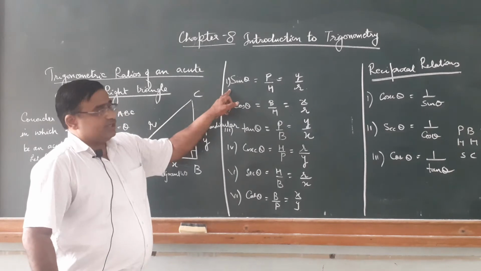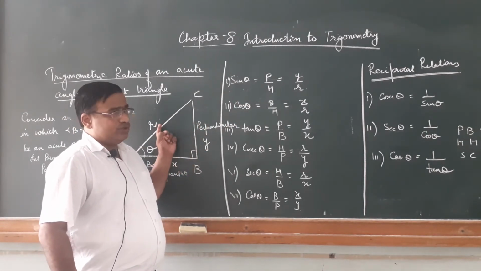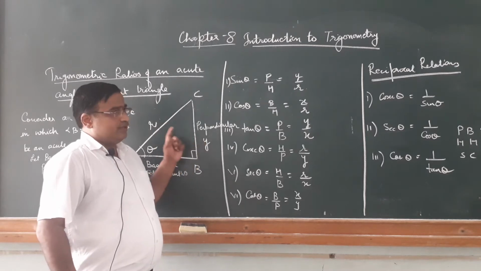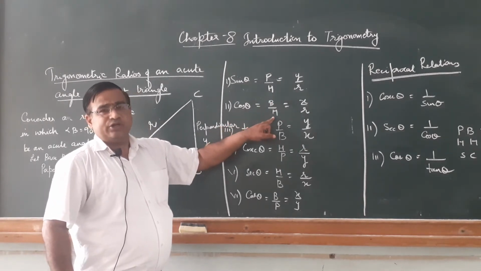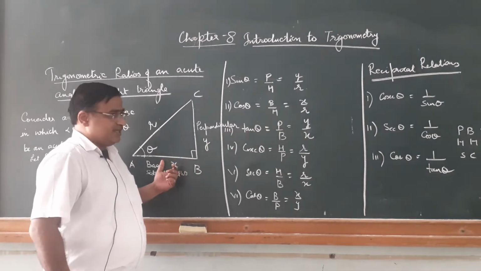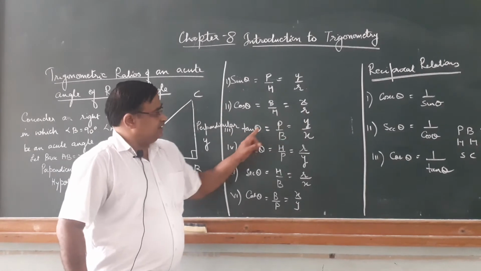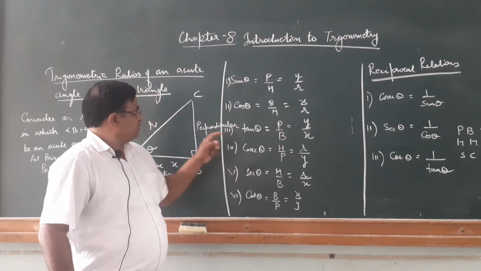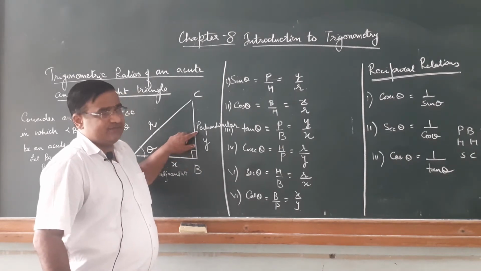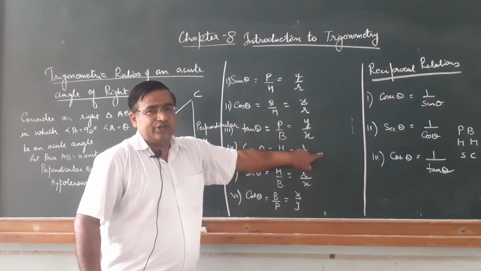Sin theta is perpendicular upon hypotenuse, that is y upon r. Cos theta is base upon hypotenuse, base is x, so x upon r. Tan theta is perpendicular upon base, perpendicular is y, base is x, so tan theta is y upon x.